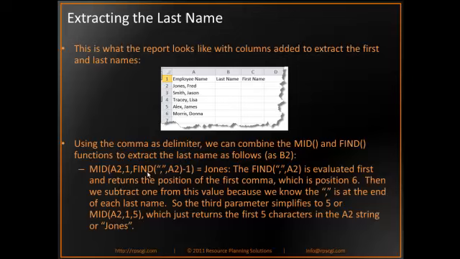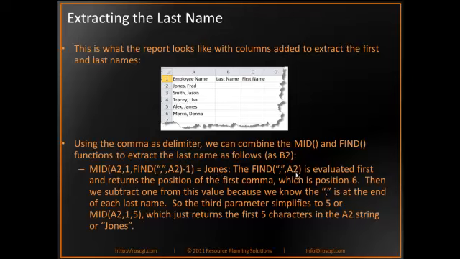We're saying find the comma in cell A2. And once you find that comma, then we need to back up one character to get the number of characters that we need to extract. You can see here that that will return Jones.